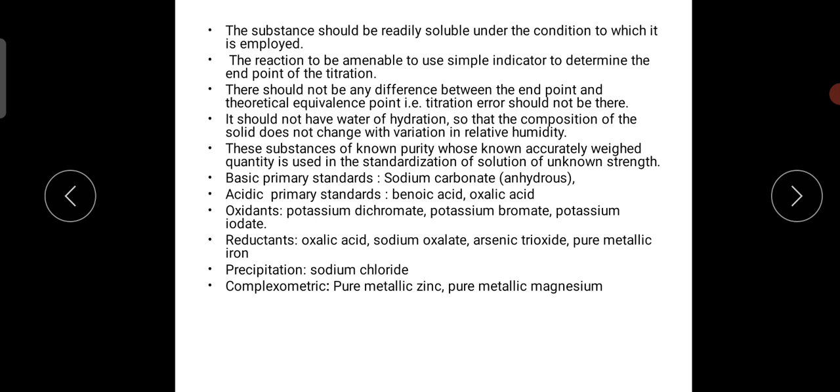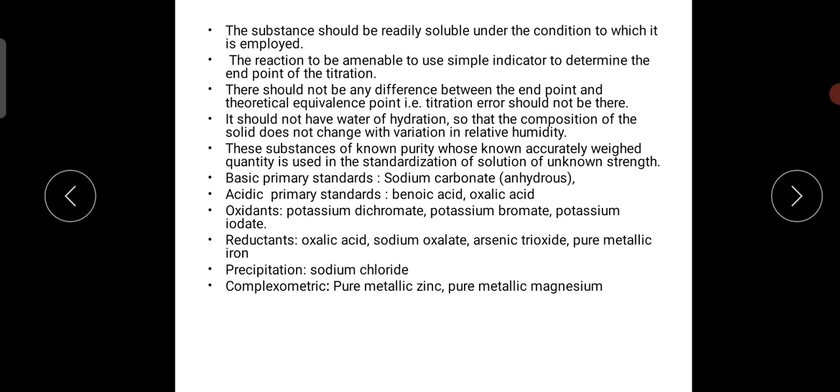Then the primary standard should not have water of hydration, that means there should not be any variation when it comes in contact with the atmosphere, that is, according to humidity, etc. Then if you are standardizing using a primary standard, we have to weigh the quantity accurately.